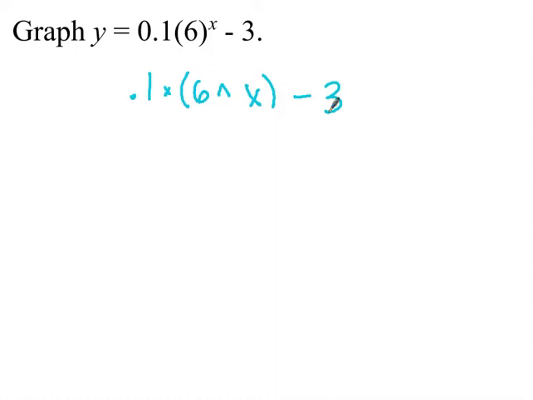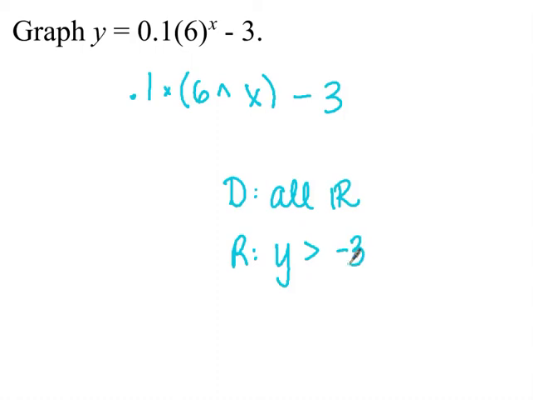Yep. Okay, you do need the times sign in. And so if you look at this, it looks like it's been shifted. Let's talk about the domain. What's the domain going to be? All reals again. What's the range going to be, guys? Y is greater than -3. Good job. So you kind of get what you're doing here?